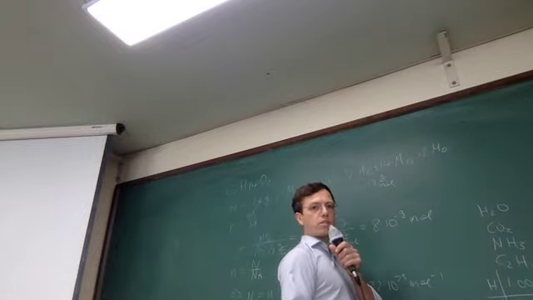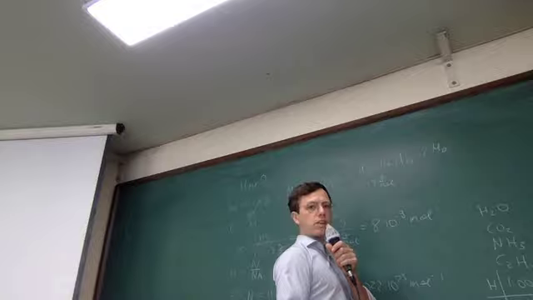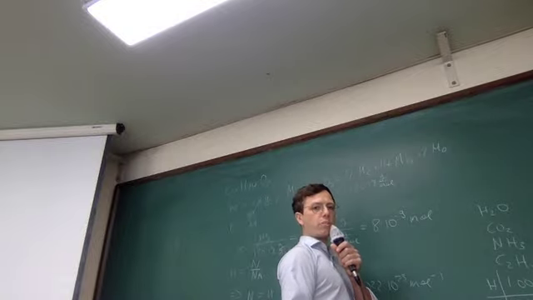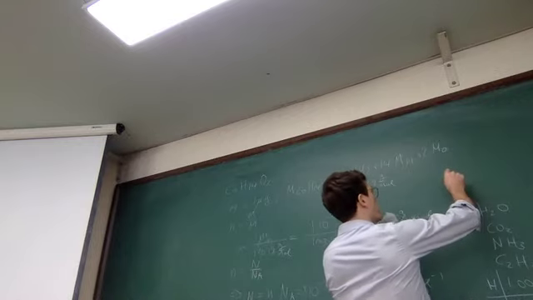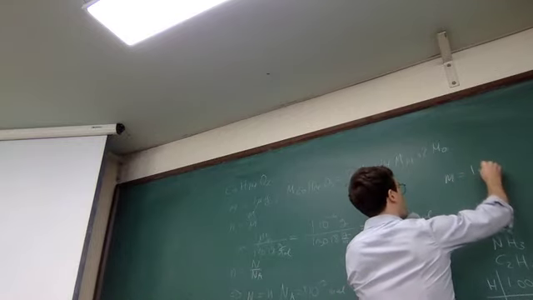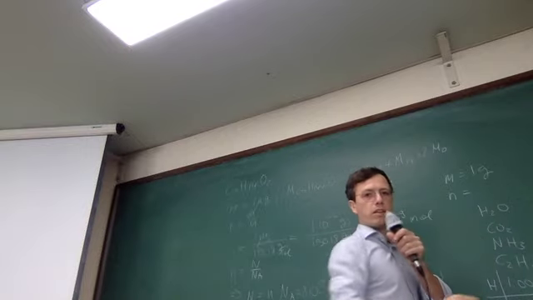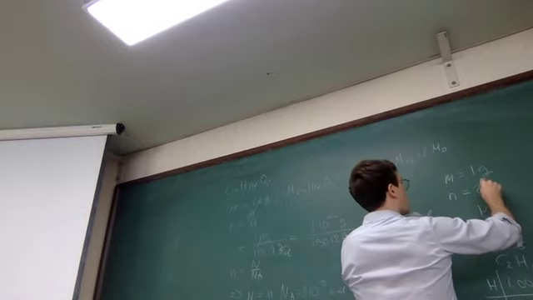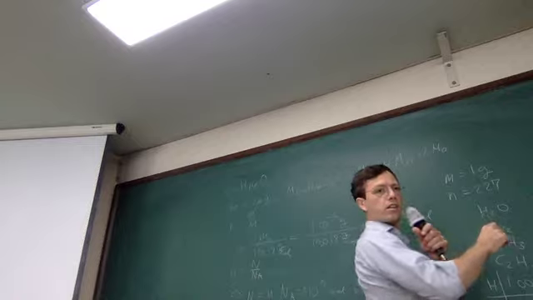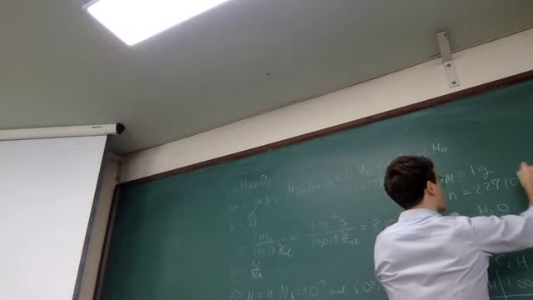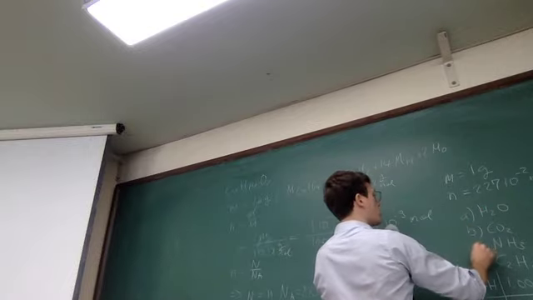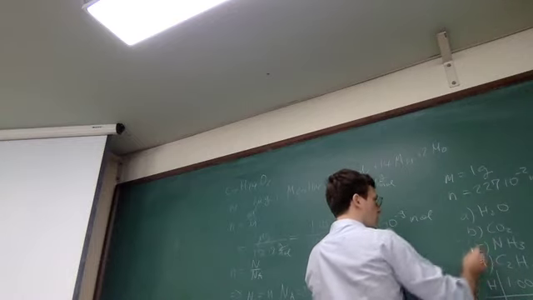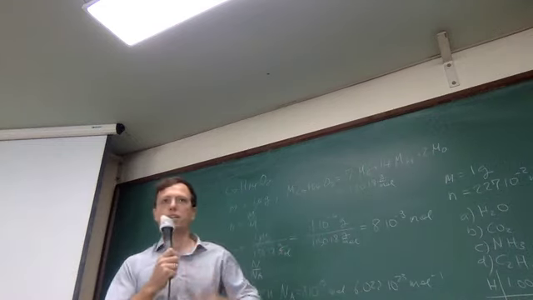And the question is, for which of the following compounds does 1 gram represent 2.27 times 10 to the power minus 2 mole? So the mass is 1 gram, and the amount is 2.27 times 10 to the power minus 2 mole. A, water, B, CO2, C, ammonia, D, ethane.